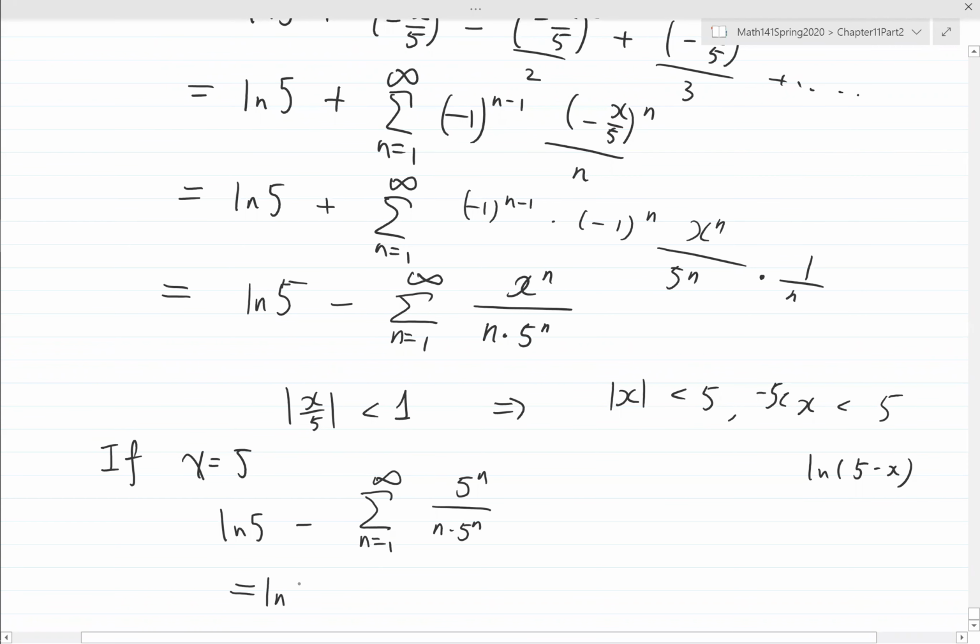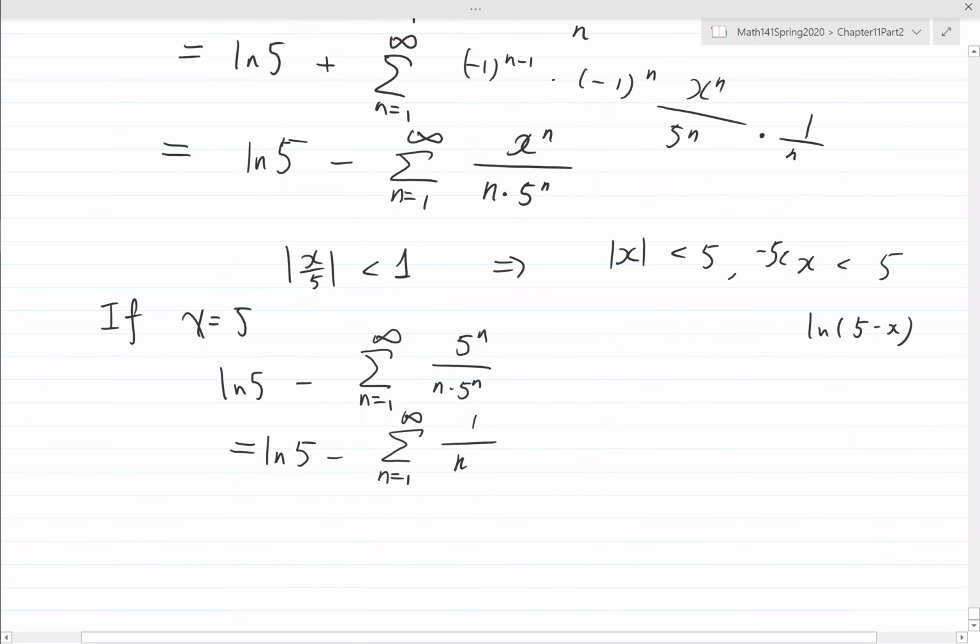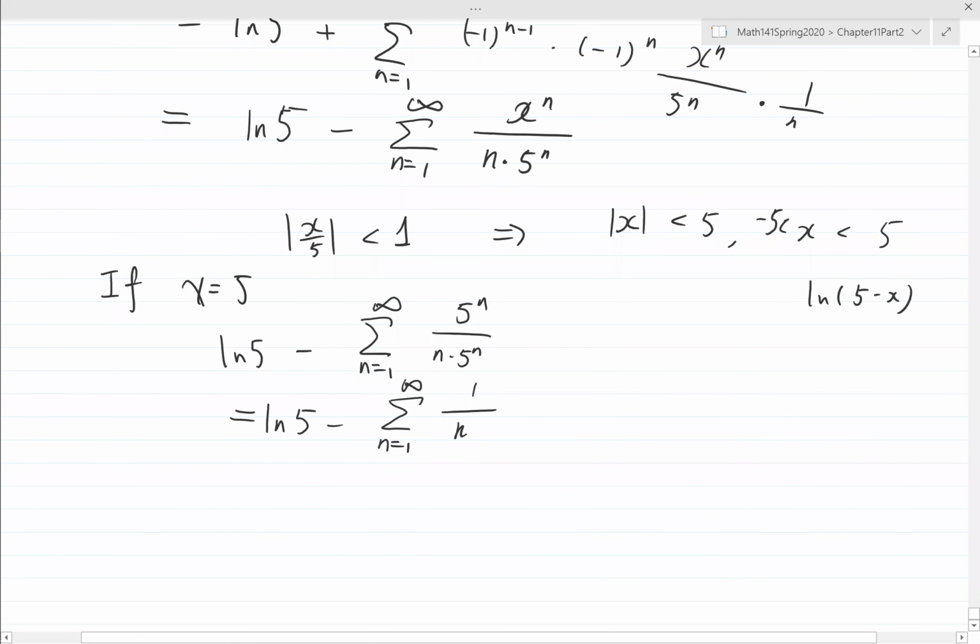So you get ln 5 subtract the harmonic series. The harmonic series can be arbitrarily large, so this is negative infinity. This is again undefined, so it diverges at 5, just like the function is undefined at 5.